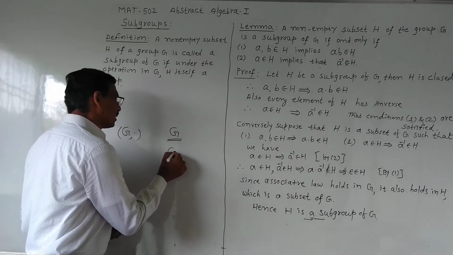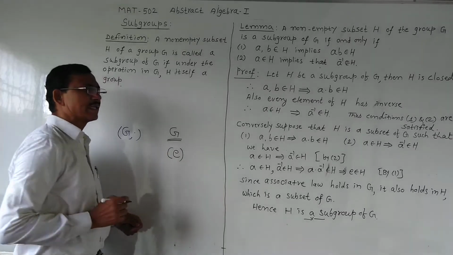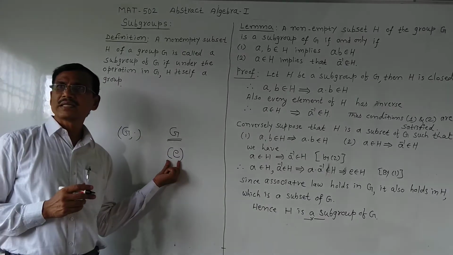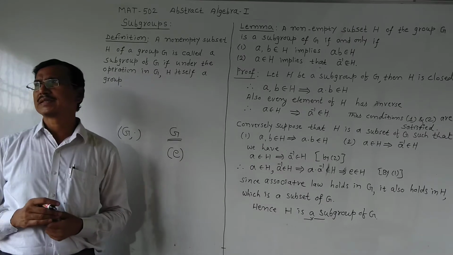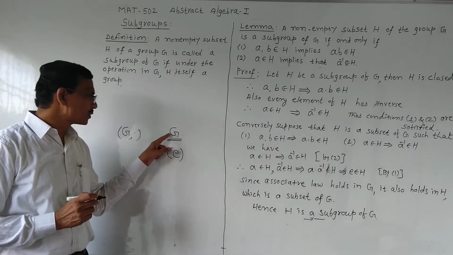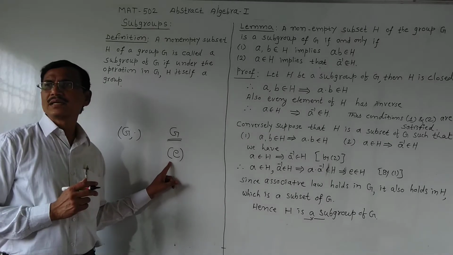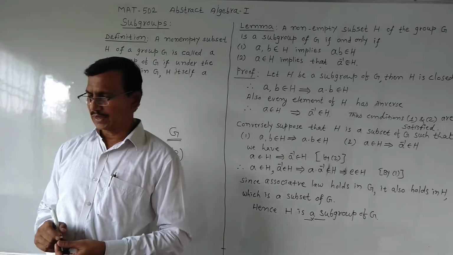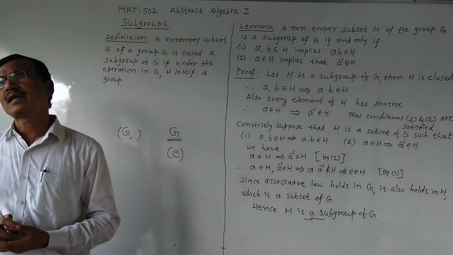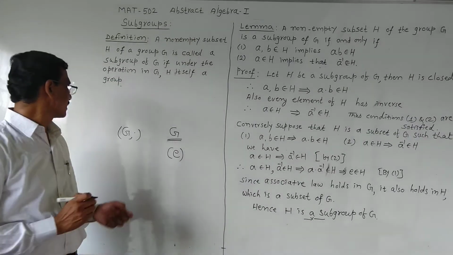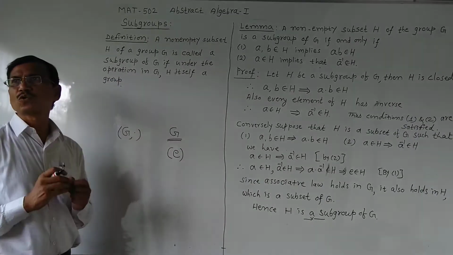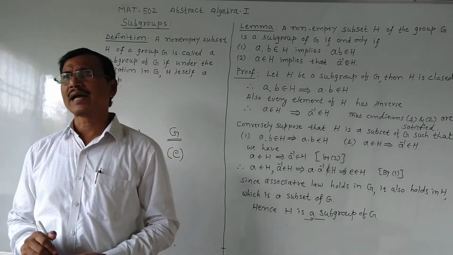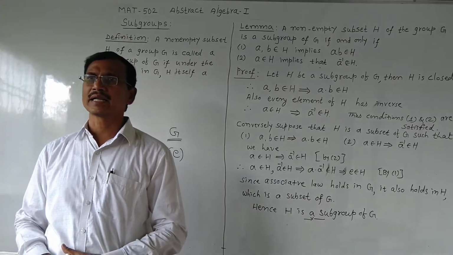Again, the identity element in G, this singleton set {e} is also a subgroup of G. These subgroups G and {e} are called improper subgroups of G or trivial subgroups of G. Means every group has two subgroups, G itself and the singleton set having the identity element.